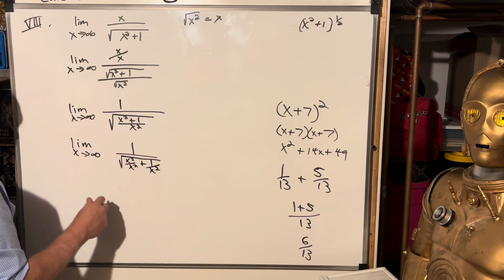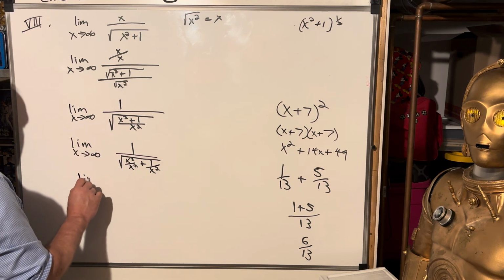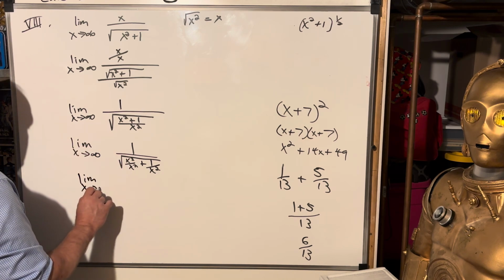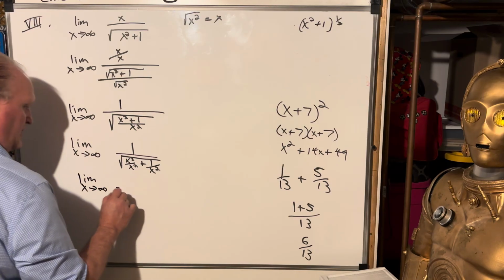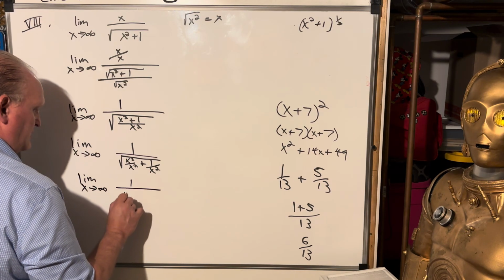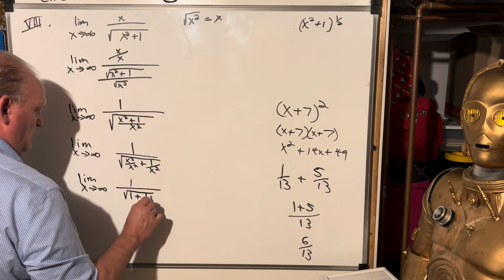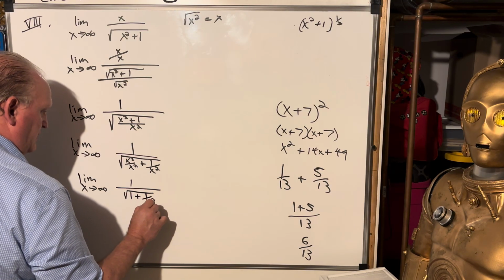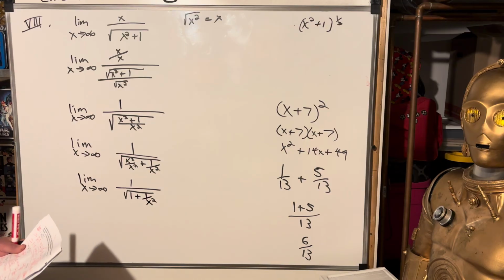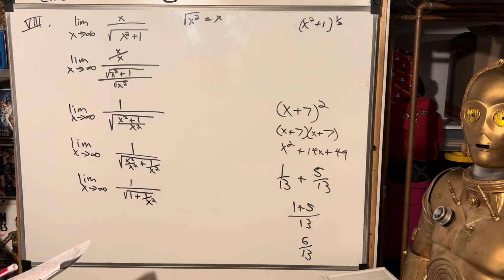Now I could do 1 here. So the limit as x approaches infinity of 1 over the square root of 1 plus 1 over x squared.